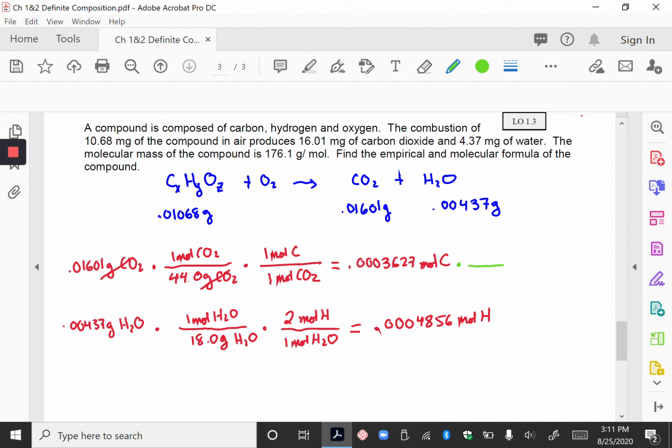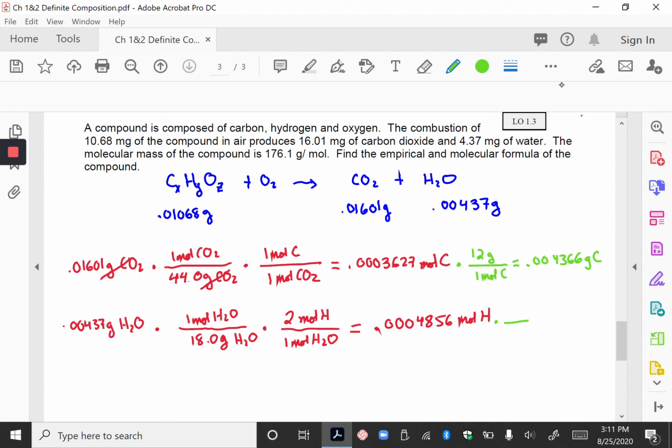So I'm going to go ahead and go to grams. So for every 1 mole of carbon, there are 12 grams. And this gives me 0.004366 grams of carbon.